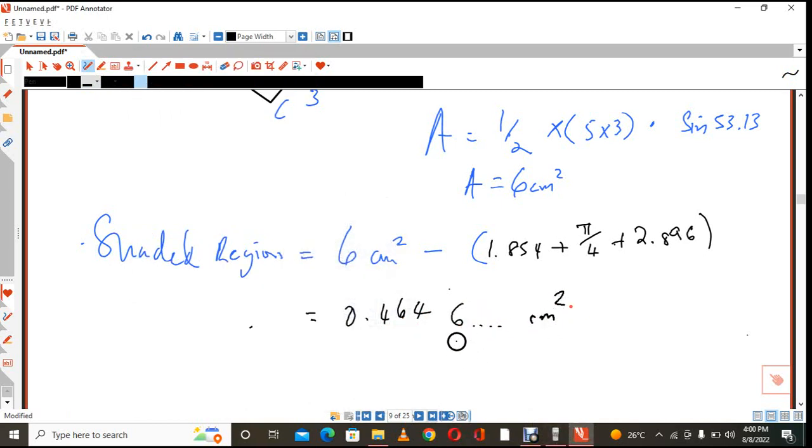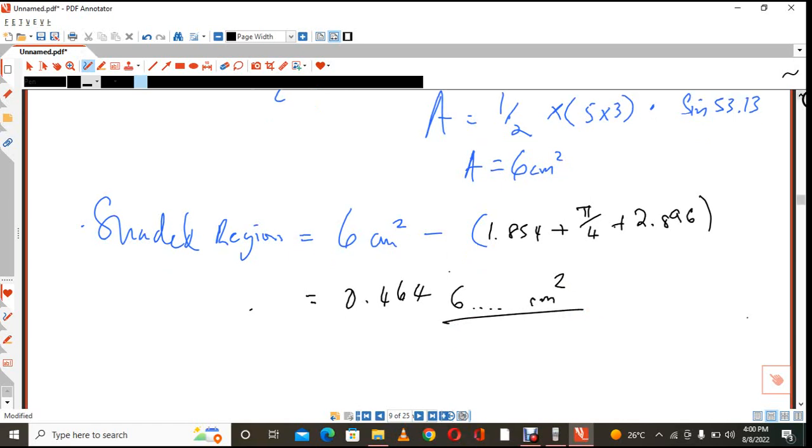So this answer is about 0.464 square centimeters. Okay, took some time, but we managed to finish that question.